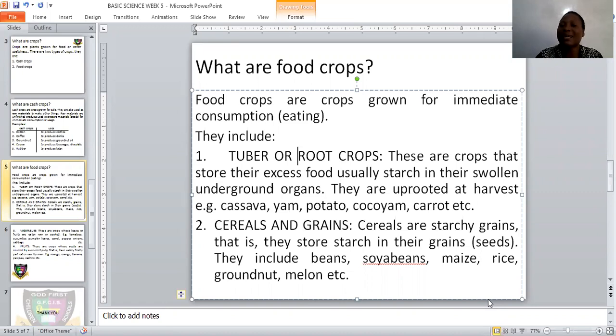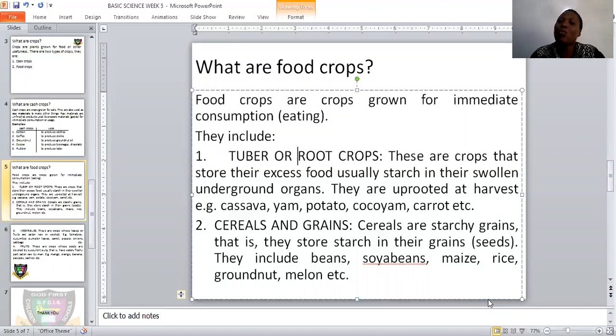These are crops that store their excess food, usually starch, carbohydrates, in their swollen underground organs. They are uprooted at harvest.